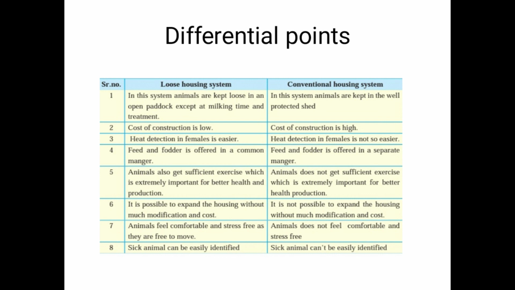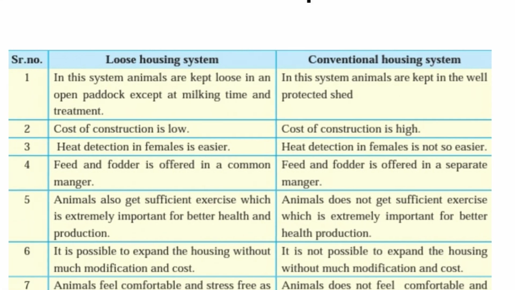Then in systems of animal housing, the first one was loose housing system, and then we studied conventional housing system. And in conventional housing system, there were two types: head to head and tail to tail housing system. So this particular slide is summarizing the points related with loose housing system and conventional housing system. They can be observed from this particular chart.